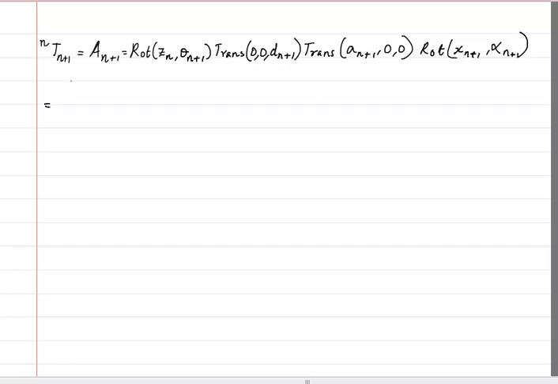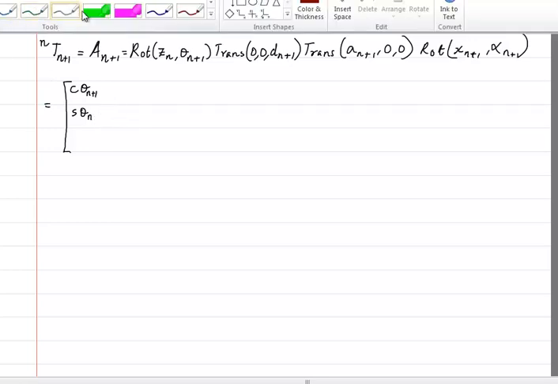We all know that the rotation matrix with respect to z-axis we will write as cos of angle here is theta n plus 1, then sine theta n plus 1, 0. Let me write it a little bit more clearly because I should not overlap.